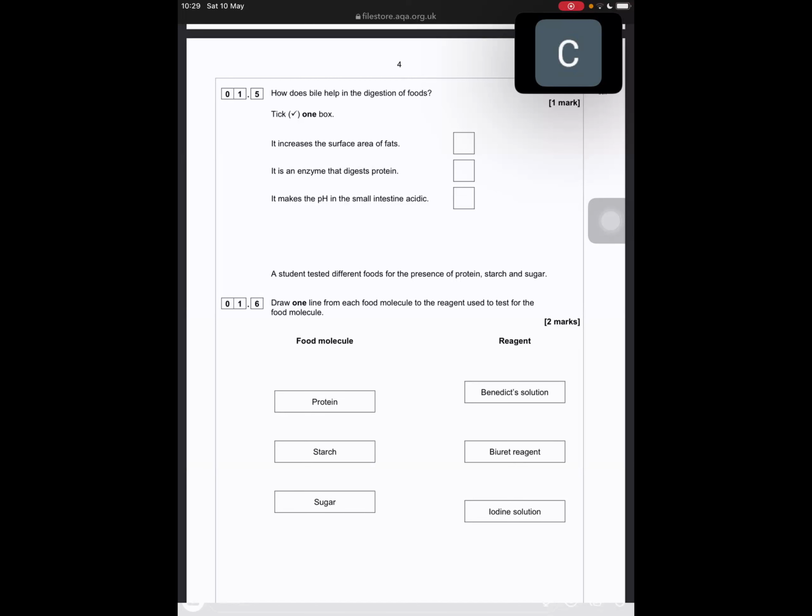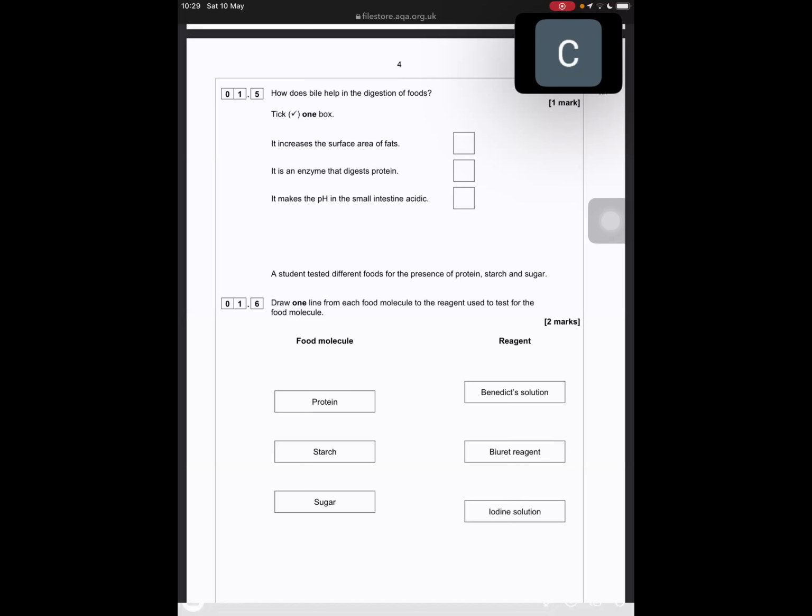Benedict solution should be for sugar. Yes, it should be for sugar. That will leave us with biuret for protein, but I'm not sure of that last one. So Benedict solution is for sugar, while iodine is for starch.